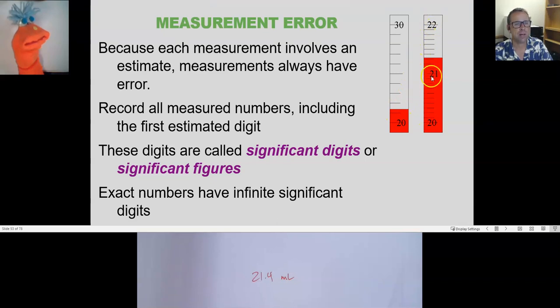If I look at this one, I have 21 here, and this is 21.1, 2, 3, 4, 5, 6, 7, 8, 21.9, and then 22. Right? So what value can I write down there? I guess you can write 21.3. 21.3, how can you tell? Well, because we can see it's not quite 21.4.